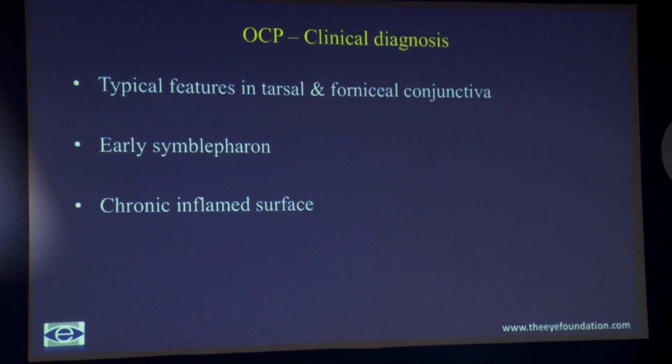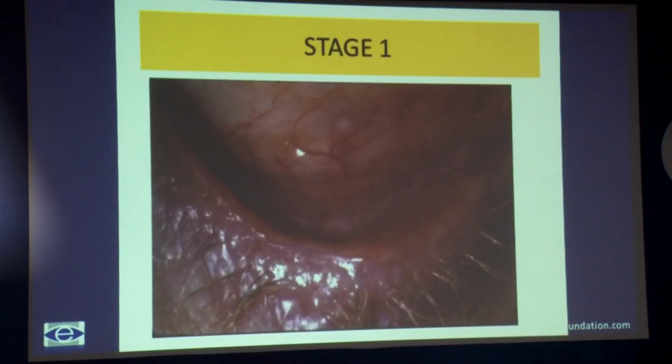OCP being a clinical diagnosis, you are looking at the typical features in the tarsal and fornix conjunctiva. Look for early symblepharon, and any chronically inflamed surface in an older patient, definitely suspect OCP. Stage 1 is the subconjunctival fibrosis and bands which you see, which is very, very important to identify at this stage.